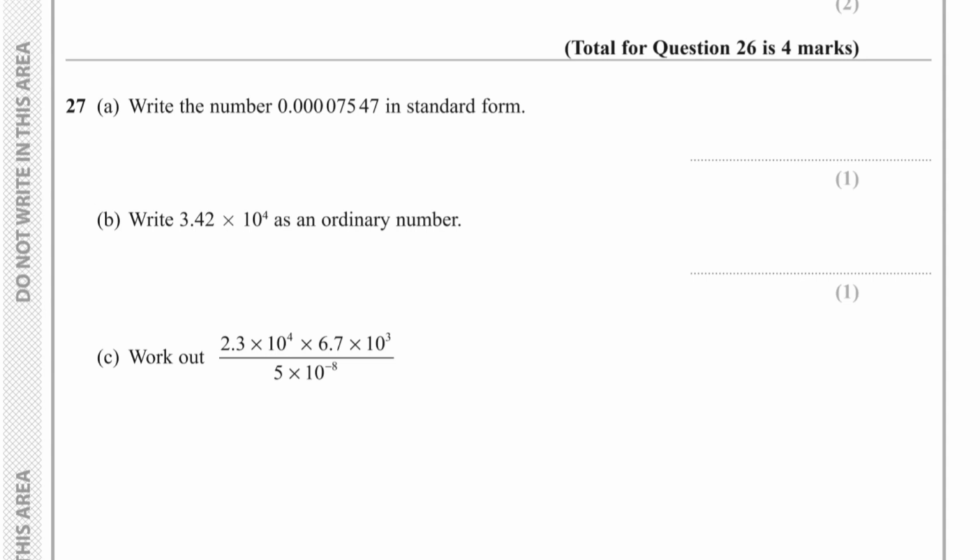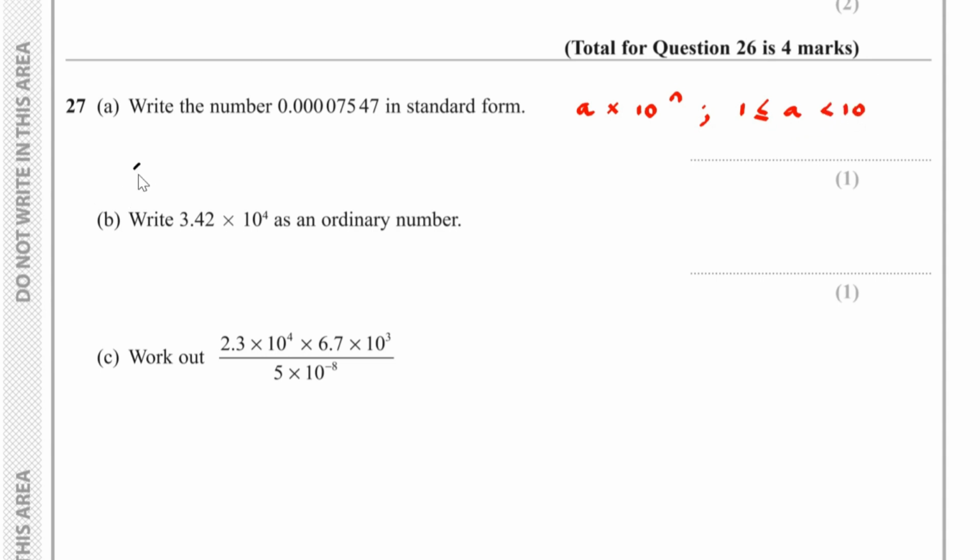Question number 27, we have to write the number 0.00007547 in standard form. So for standard form, that's when a number is written as a times 10 to the n, where a is in between 1 and 10.